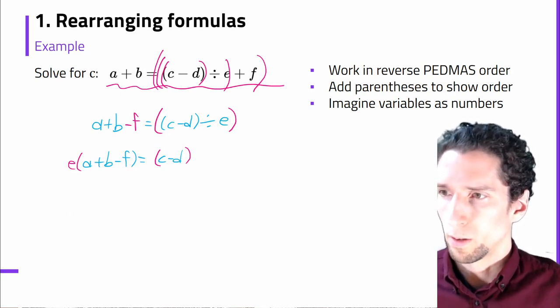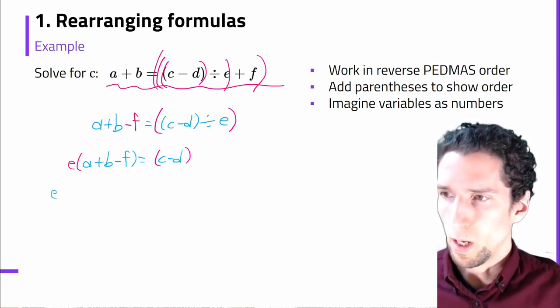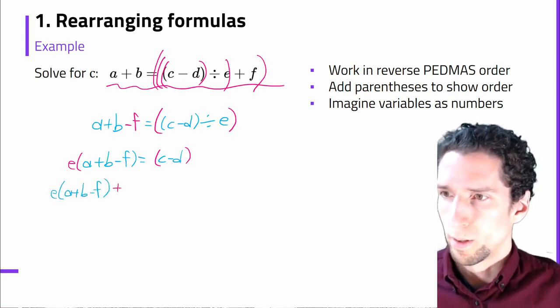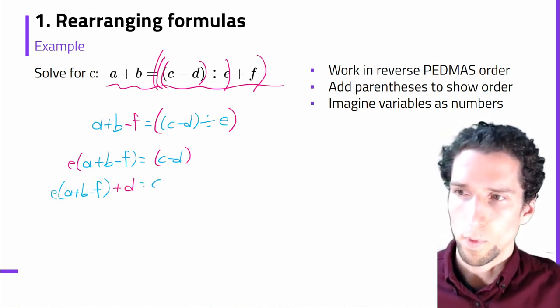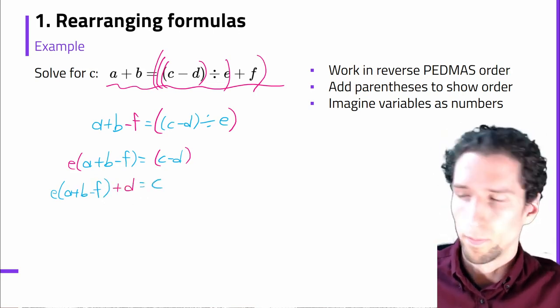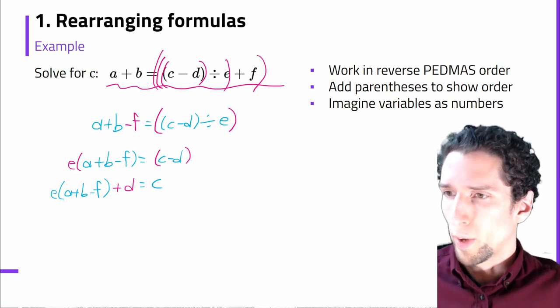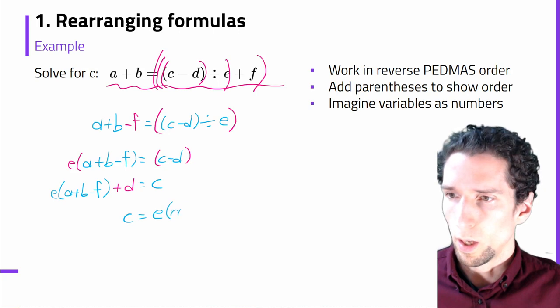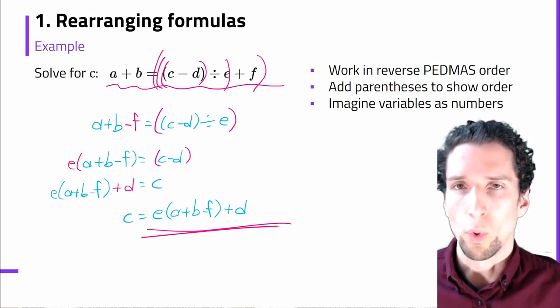So our final thing on the left here will be E times (A plus B minus F) plus D, and that's equal to C. Okay, so we'll rearrange, put our C on the left side: C equals E(A plus B minus F) plus D. There we have rearranged for C.